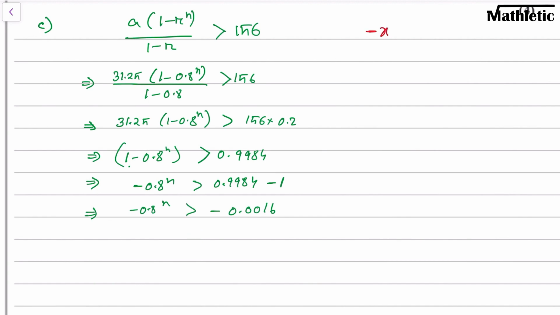As in, suppose you have minus x greater than 4, if you shift this negative sign to the right side, it will be x less than minus 4. As in, shifting a negative sign changes the inequality sign. So this is 0.8 to the power n less than 0.0016.